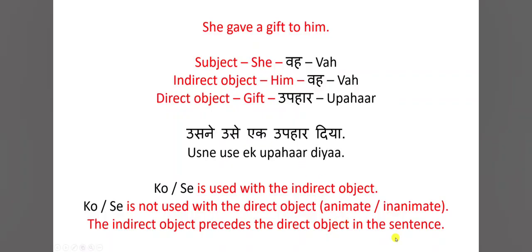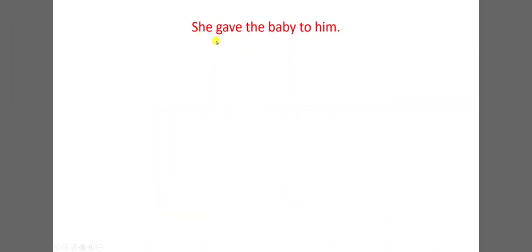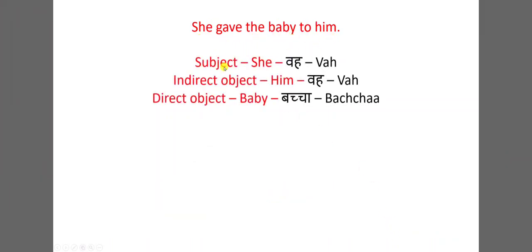Alright? One more variation of this sentence. She gave the baby to him. The subject is she, indirect object is him, direct object is baby, which is animate, a human. Okay?